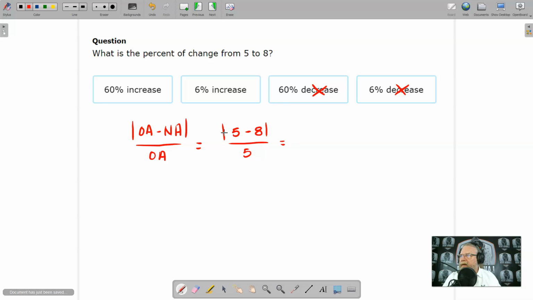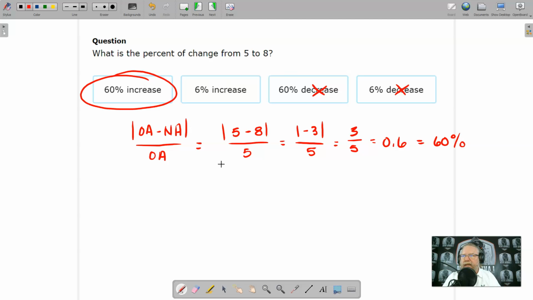So now 5 minus 8 is negative 3 over 5. Now the absolute value of negative 3 is positive 3 over 5. And 3 divided by 5 is going to give us 0.6. Make that a percentage, move the decimal over 2 places, we get 60%. So it's 60% increase in this case.